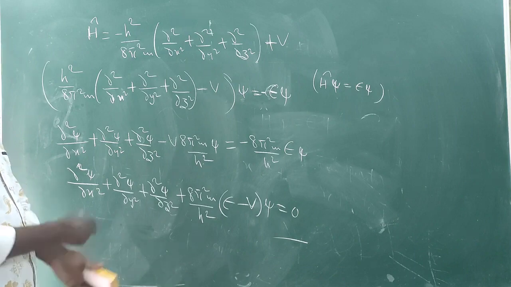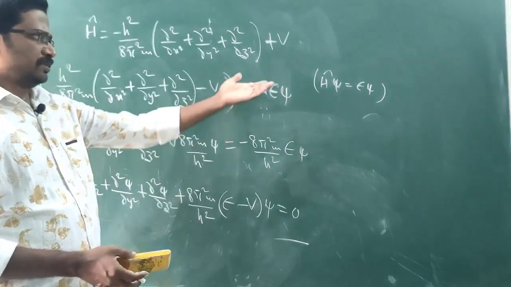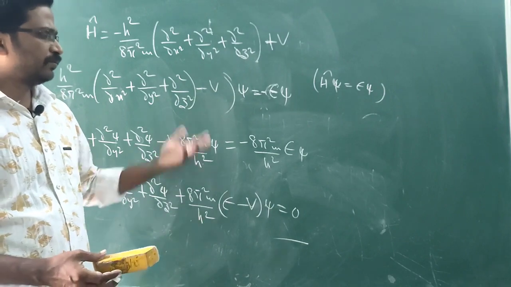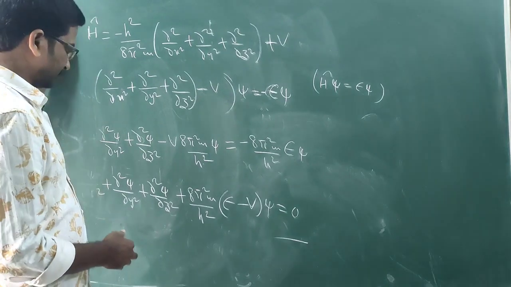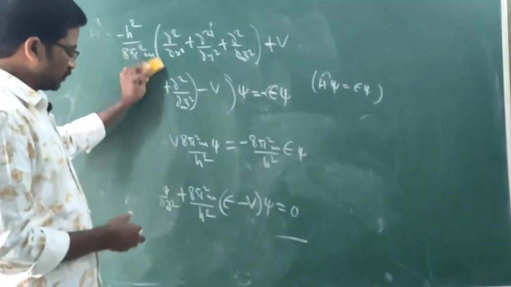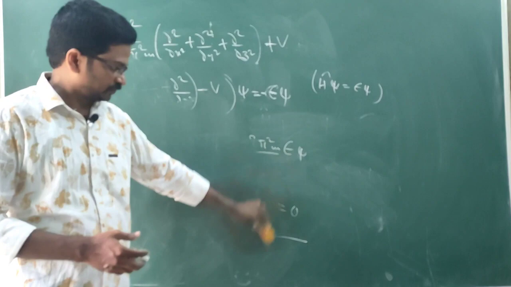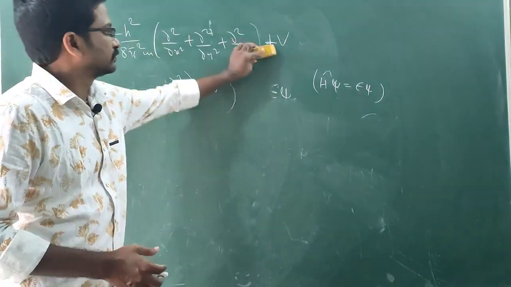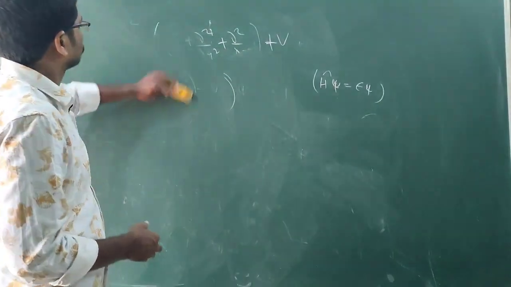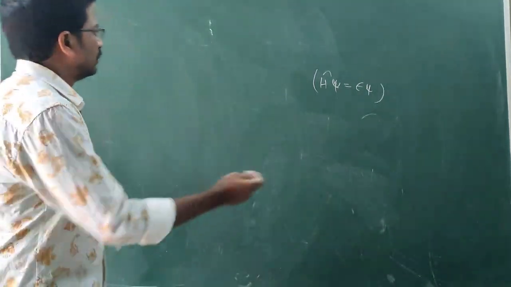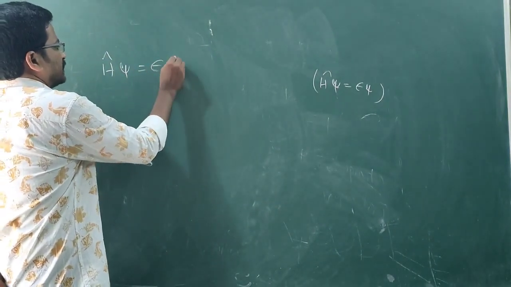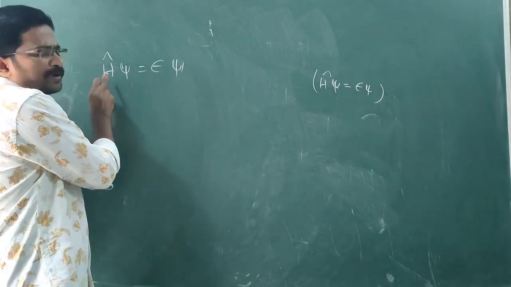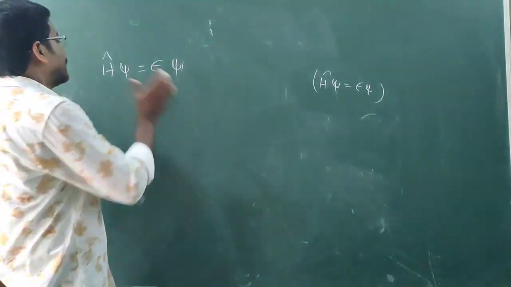Let us understand this equation, what we get and what we did. This is known as the Schrodinger wave equation. We know H psi is equal to E psi. This is the total energy operator operated on a wave function.